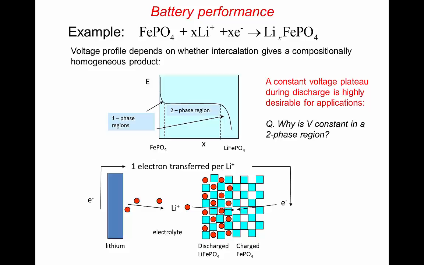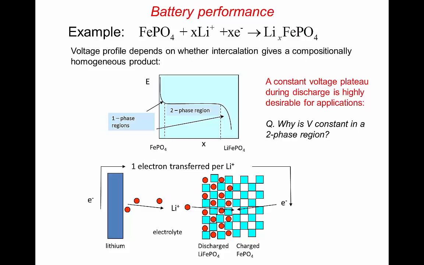And so the question here is, why do we get a constant voltage plateau? Because in other materials you don't see a constant voltage. You see a gradual decline in voltage during discharge. So we want these constant voltage regions.